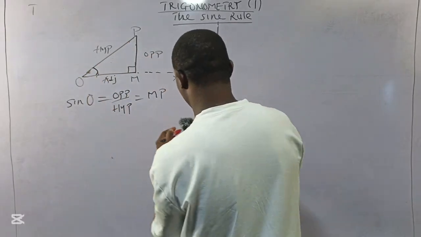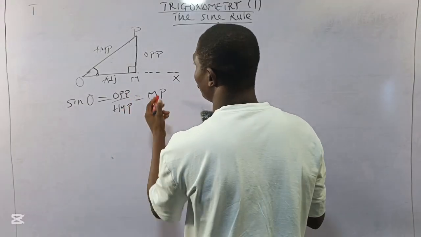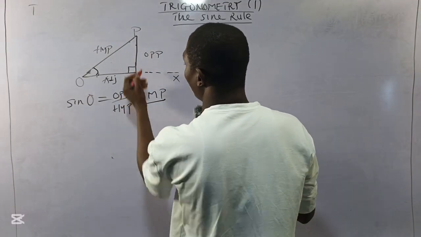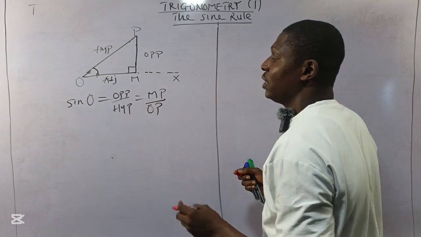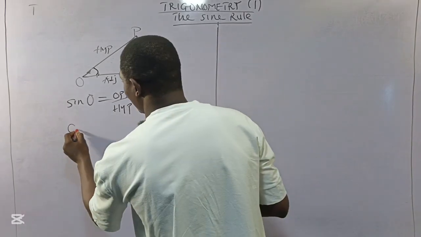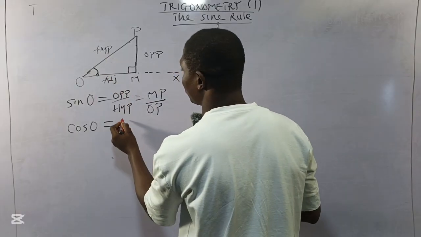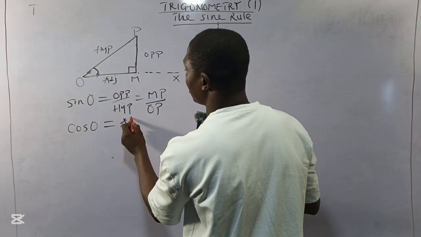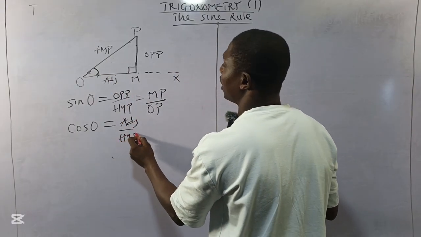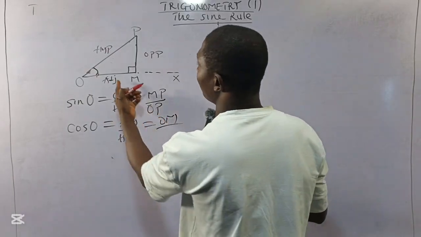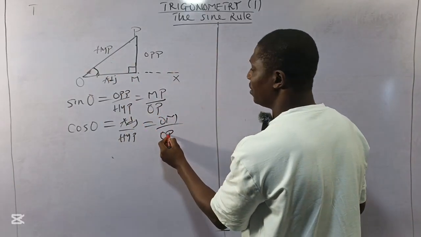So sine O will be equal to opposite over hypotenuse. Opposite is my MP, and my hypotenuse is OP. And my cos O will be adjacent over hypotenuse. My adjacent here is simply OM, and my hypotenuse is still OP.